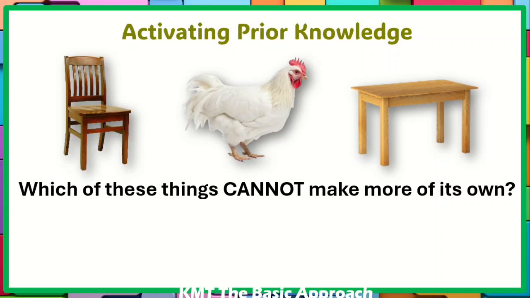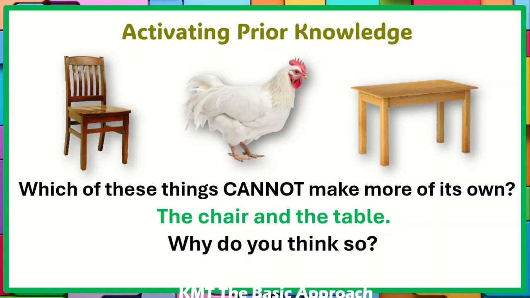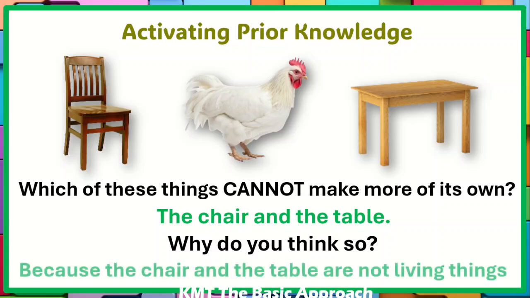Which of these things cannot make more of its own? Very good. The chair and the table. Why do you think so? Awesome! Because the chair and the table are not living things.